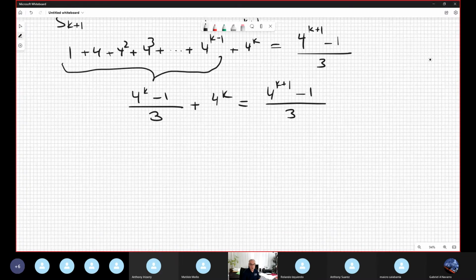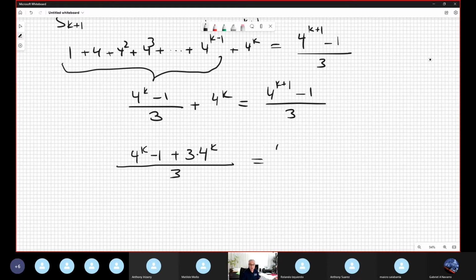Okay, always we end it similarly. You condense this into one common denominator, which is 3. 3 times 4 to the k, this is multiplication. Equal.